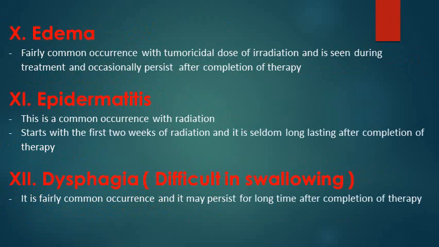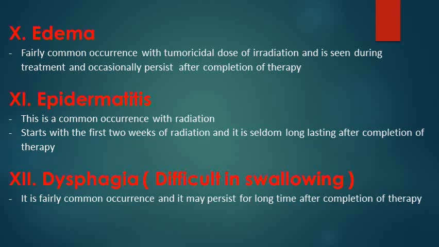Edema is a fairly common occurrence with a tumoricidal dose of radiation and is seen during treatment and occasionally persists after completion of therapy. Epidermatitis: the skin is affected by radiation because it has rapidly dividing cells. This starts within the first 2 weeks of radiation and is seldom long-lasting after completion of therapy.